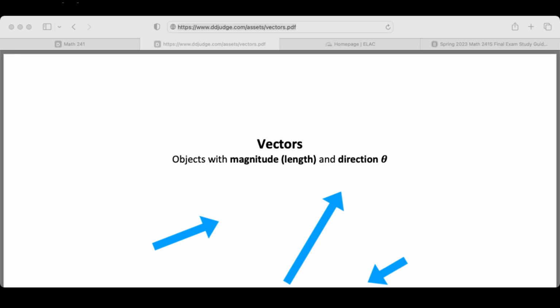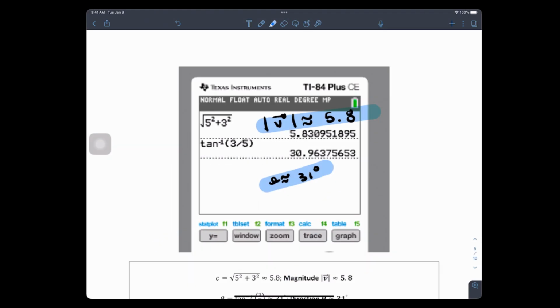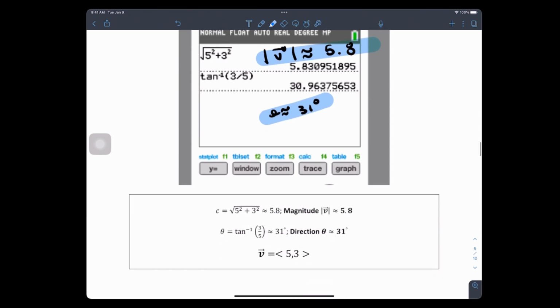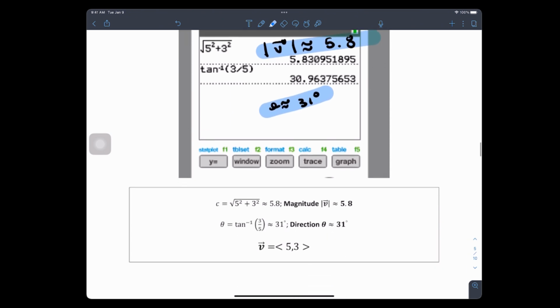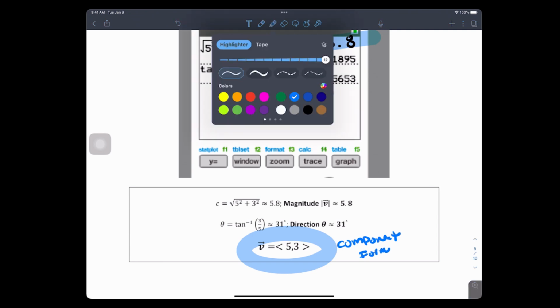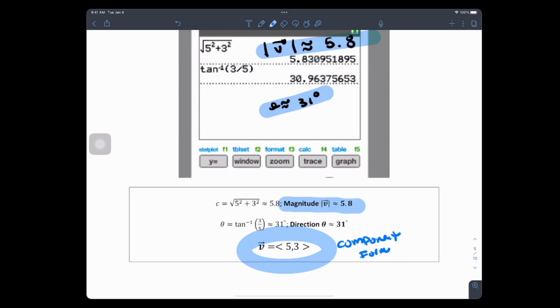Okay, just to go back there and let you guys know about the worksheet that I made for this stuff. This is the summary, ladies and gentlemen, of all the important details associated with this vector v. You got the component form of the vector. You have its magnitude. What does magnitude mean? Length. It's approximated to the tenths.